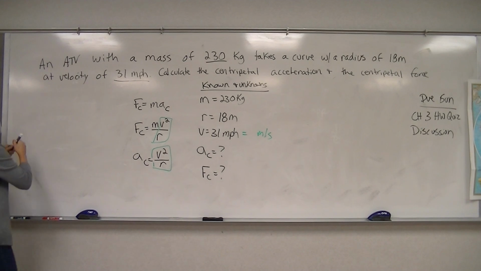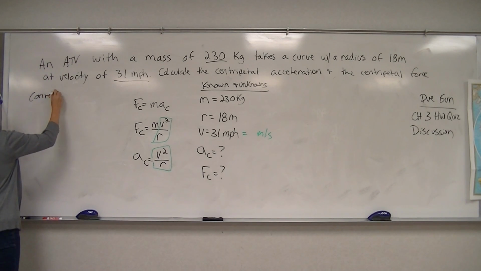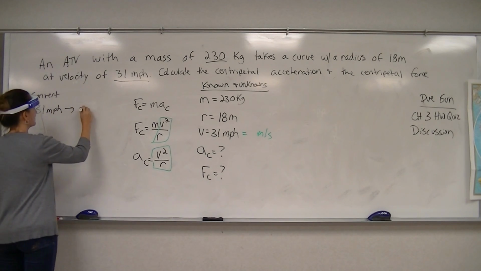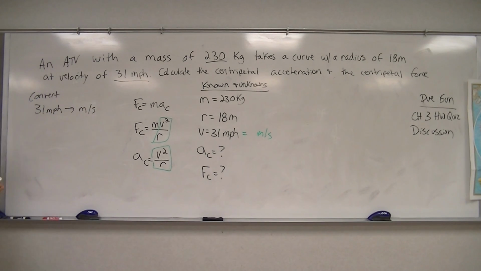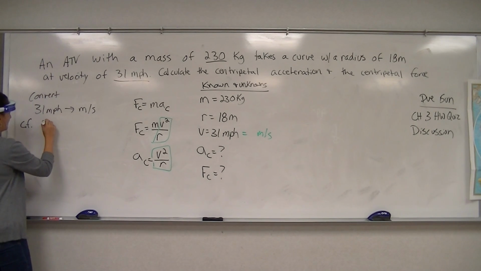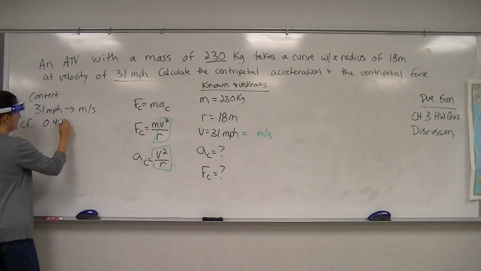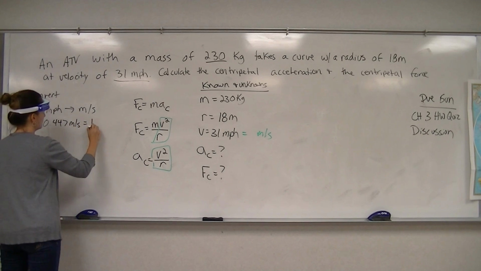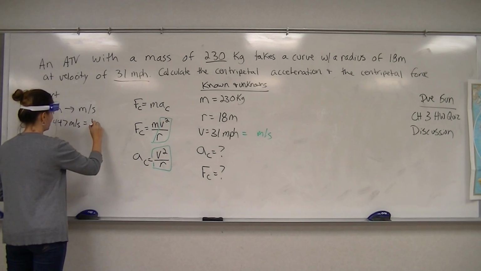So, I'm converting 31 miles per hour to meters per second. To do that, I need a conversion factor. It's the same conversion factor that we used in Chapter 2 for our velocity problems, and that is 0.447 meters per second is equal to 1 mile per hour.